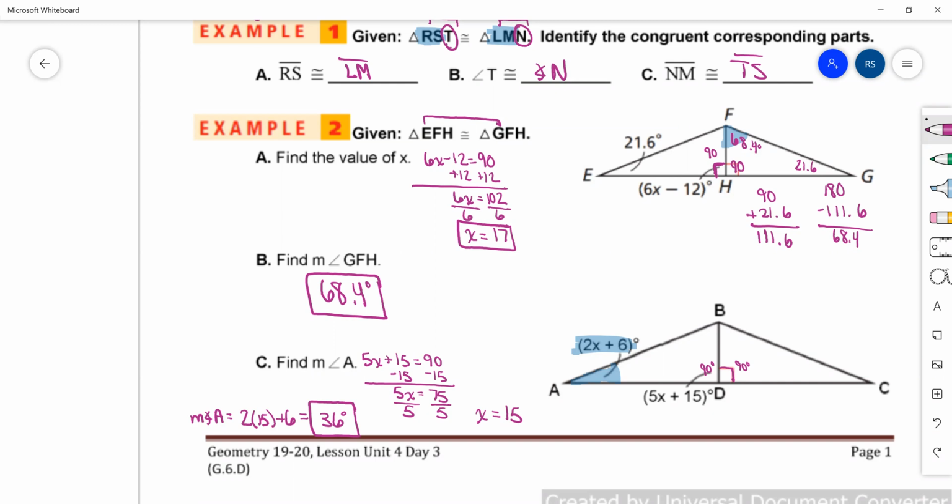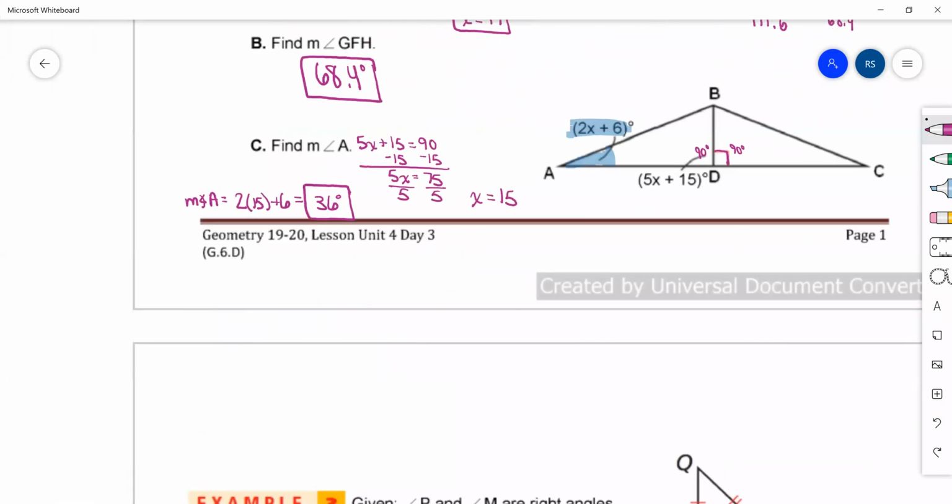So we had a few that we had to work out. Now let's get on to the fun stuff. Proofs. Wow. Let's move on to proofs.